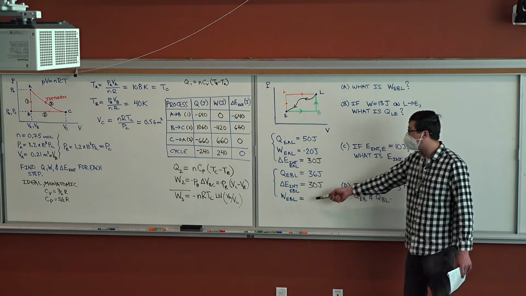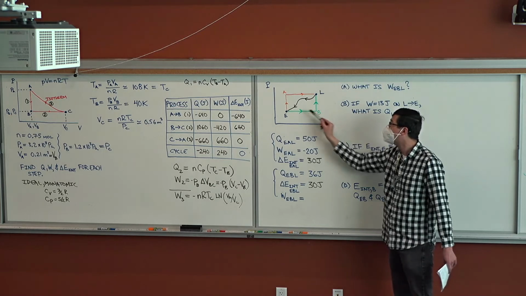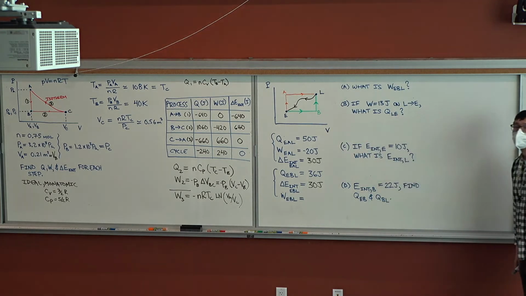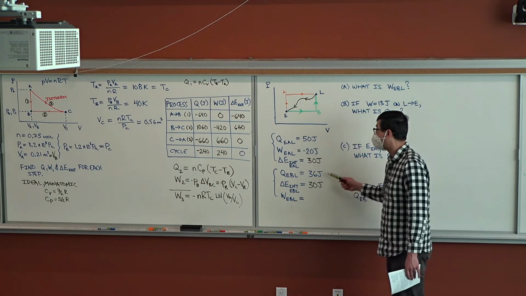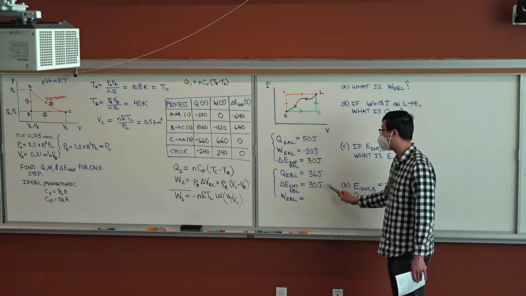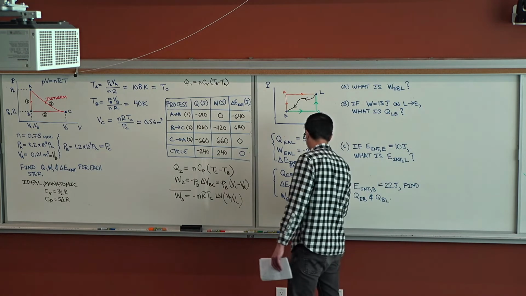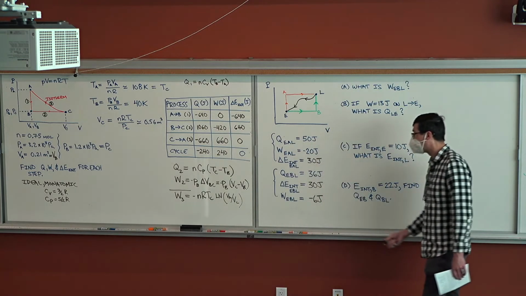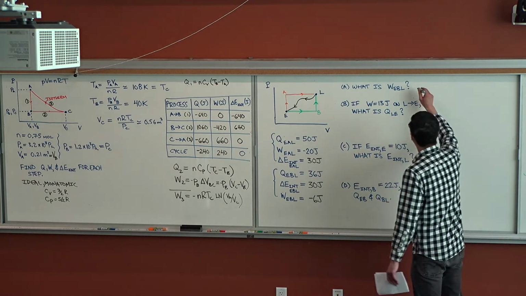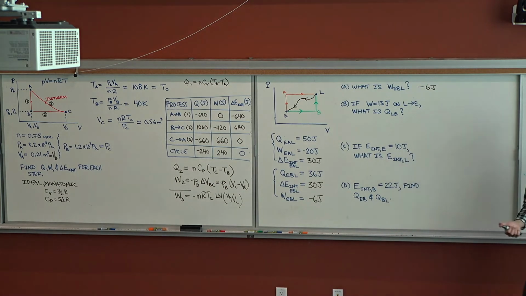And so what does that tell us the work is from E to B to L? If Q plus W is delta E, then 36 plus negative 6 joules gives me 30 joules, right? That's okay?